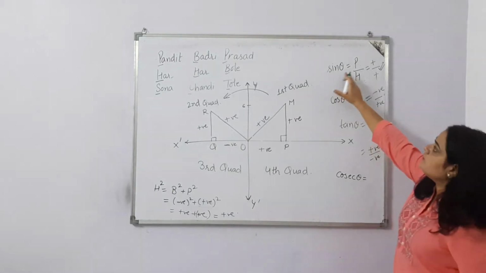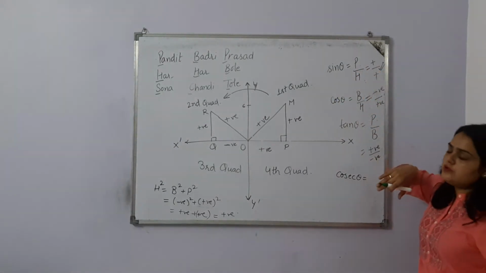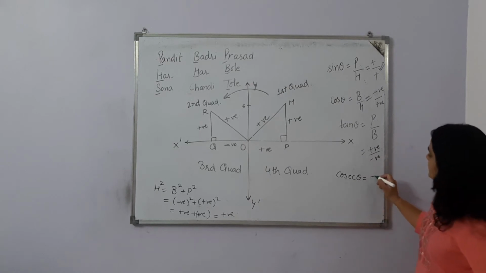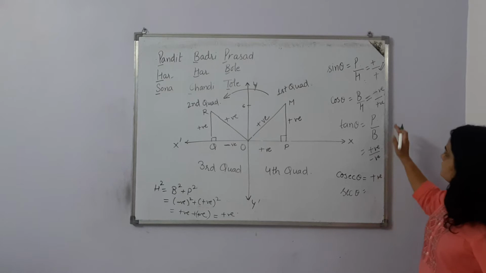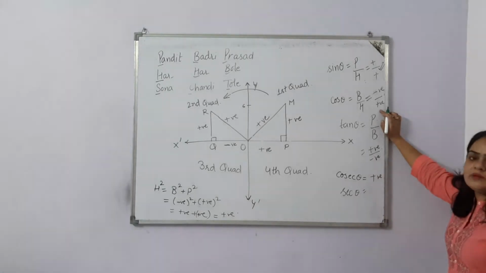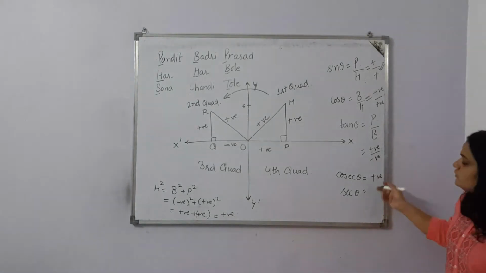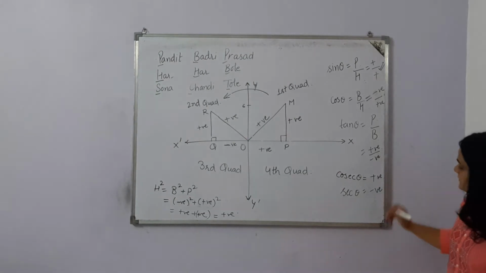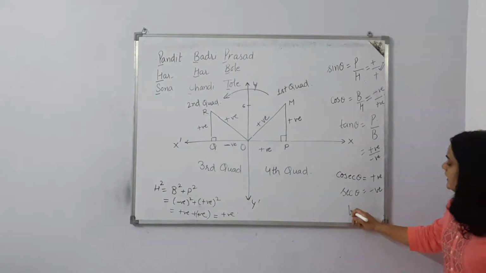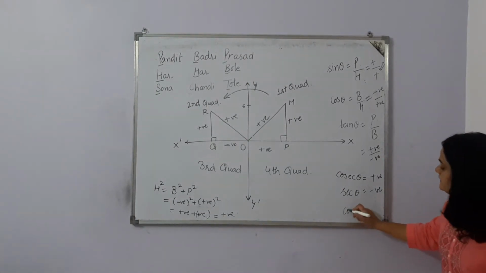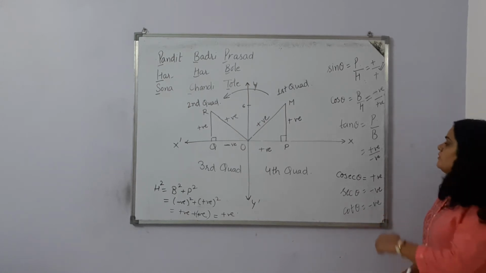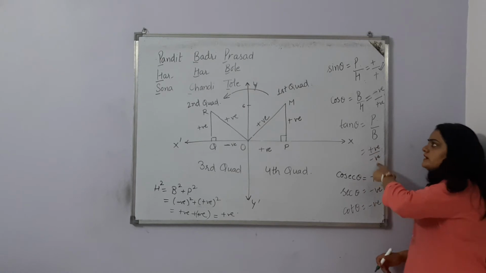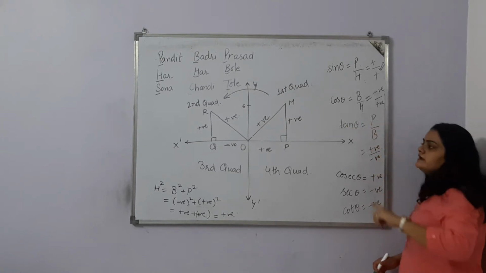And of course, for its reciprocal, that means for cosecant theta, again we are getting a positive value. But for secant theta, if its value is -1/2, then secant's value is -2, so we are getting a negative value. And for cot theta, again we are getting a negative value, because for tangent we are getting a negative value, and for cos we are getting a negative value.